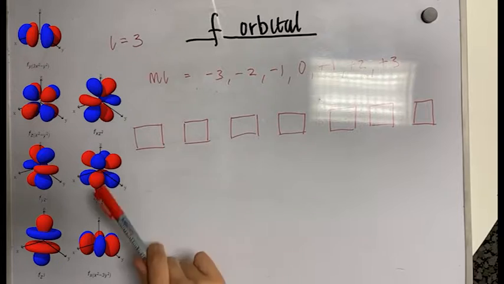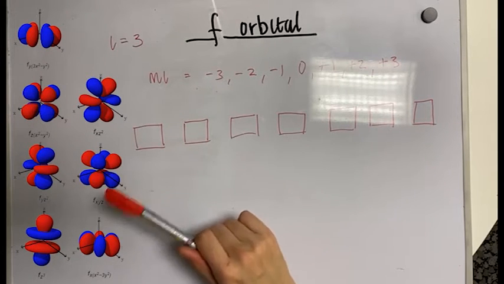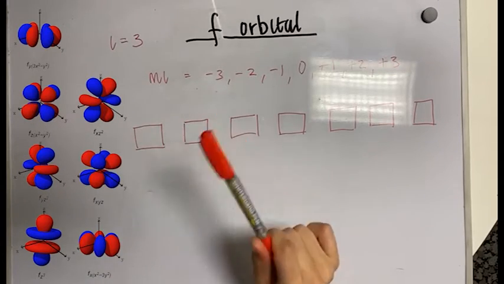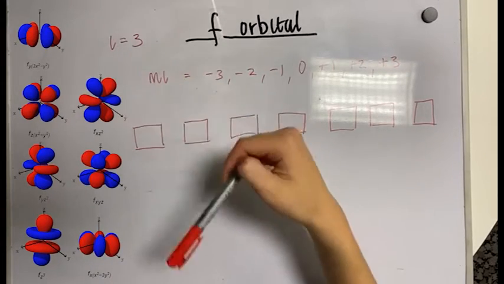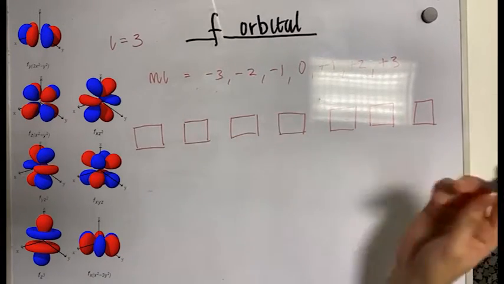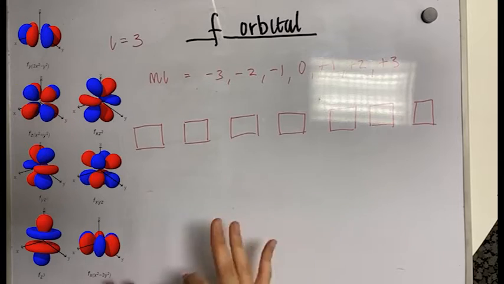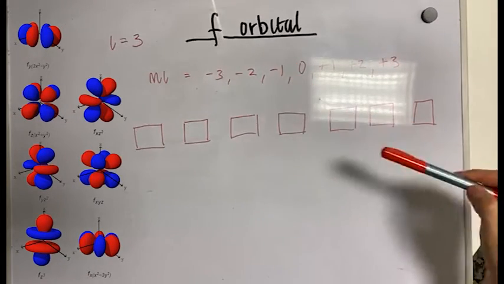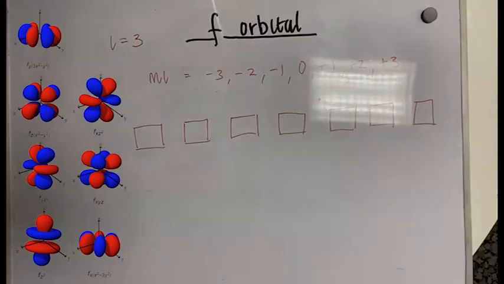Over here, you can check out some images of an f orbital. It's very difficult to draw out, so this image will be a better representation if you want to have a look, which is just over here. And completely the same as a d orbital, it just literally corresponds to each of these ML numbers.